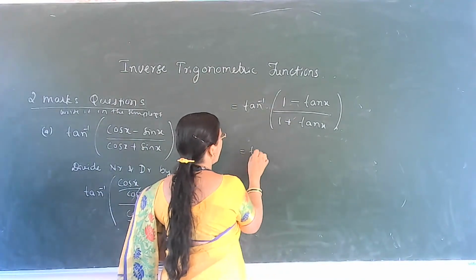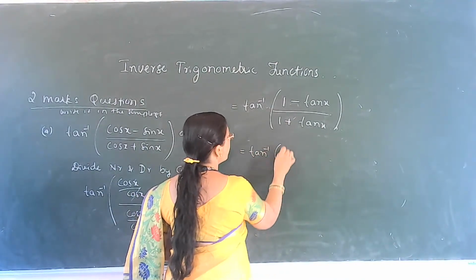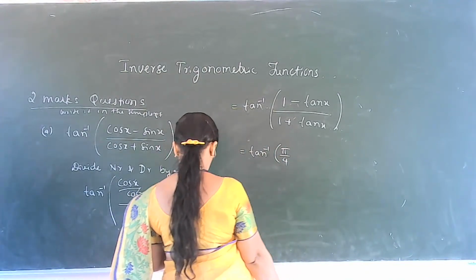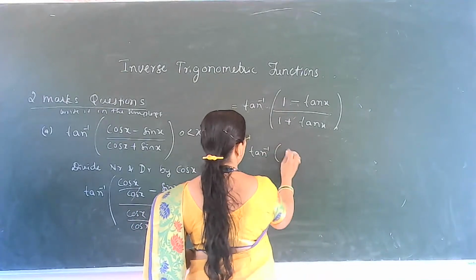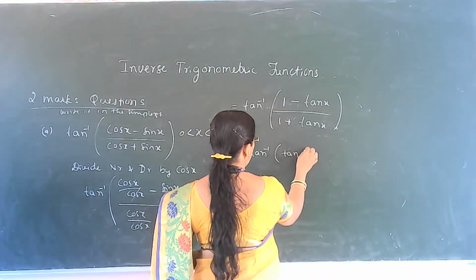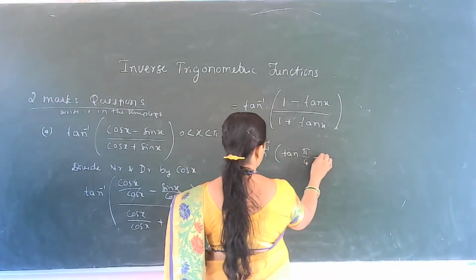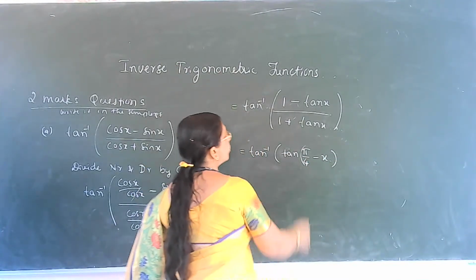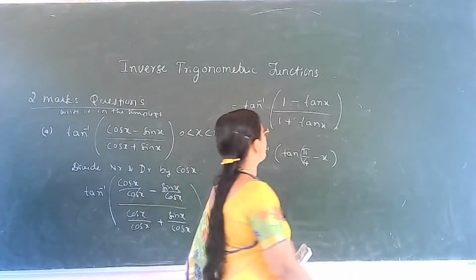Here, which is equal to tan inverse of tan of 5 by 4 minus x. How can you write 5 by 4 minus x?